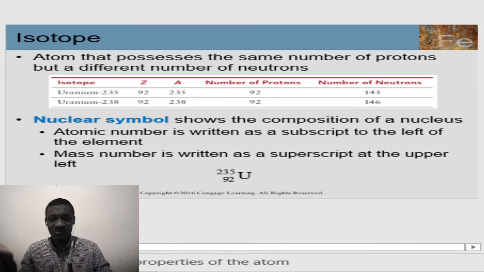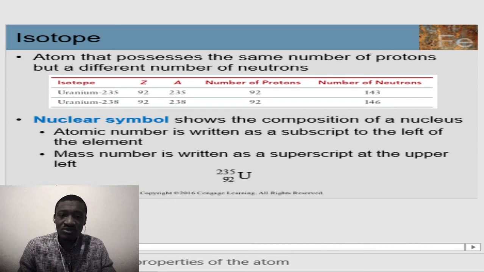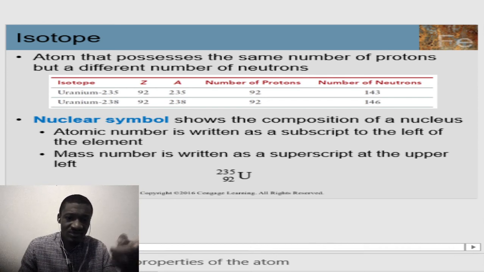That means one can talk more than the other. You always will have differences on the basis of twins. So the same way, the differences are based on their weight, which is their number of neutrons. So you have one being more than the other, having the same number of protons but a different mass number, because once you add the protons and the neutrons, you have the mass number.